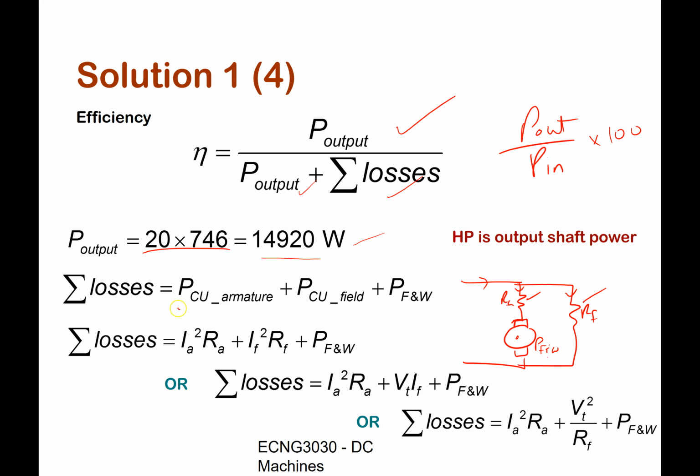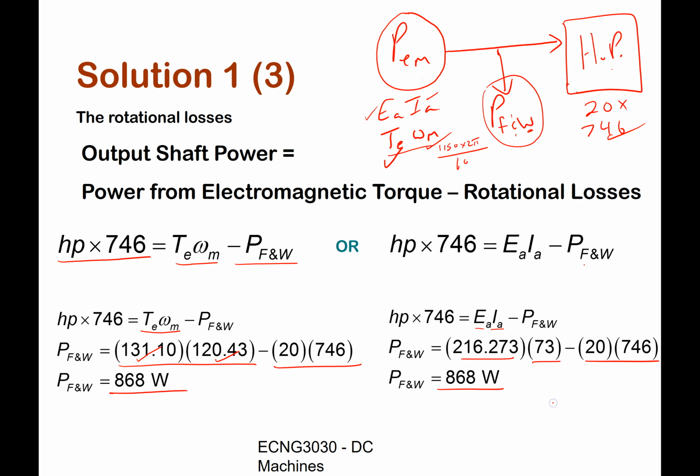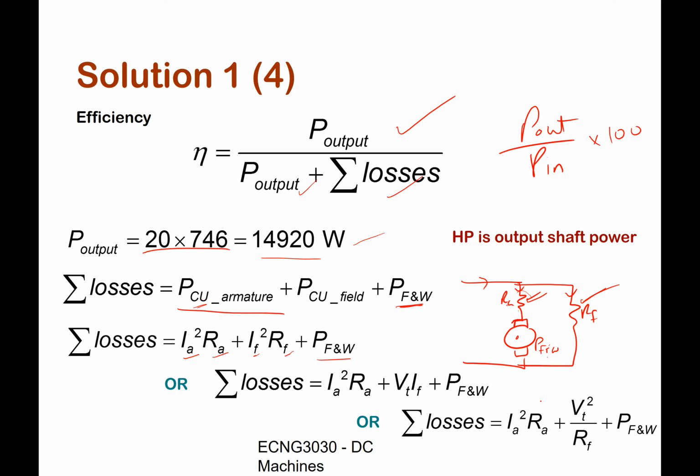So we have the summation of the losses, which is the copper losses, the Cu losses in the armature, the copper losses in the field, and the friction and windage, which we just calculated. So we have Ia squared Ra, which is the power losses in the armature, If squared Rf, and you'll remember I think the current was 1.6 amps, and the friction and windage, which we just calculated as 868 watts.